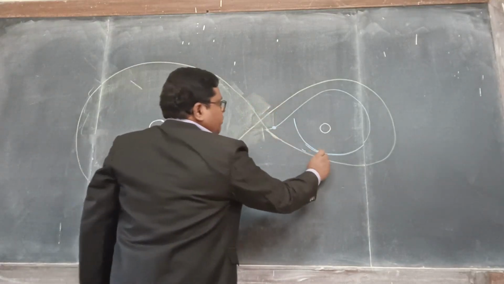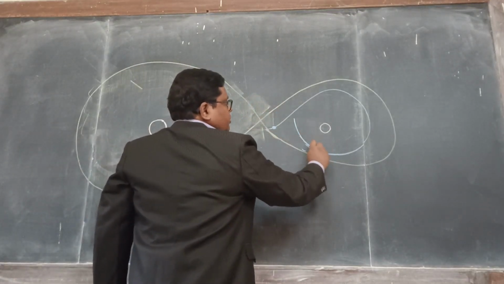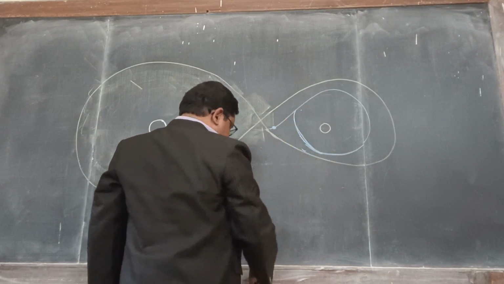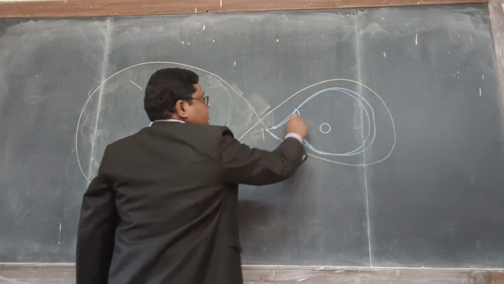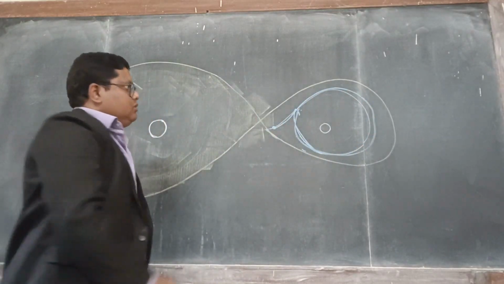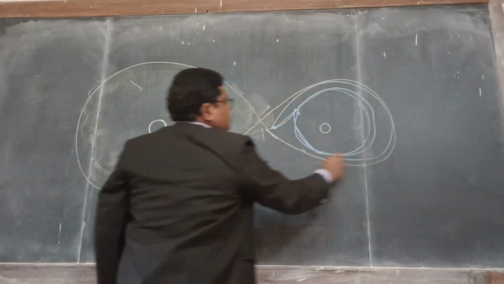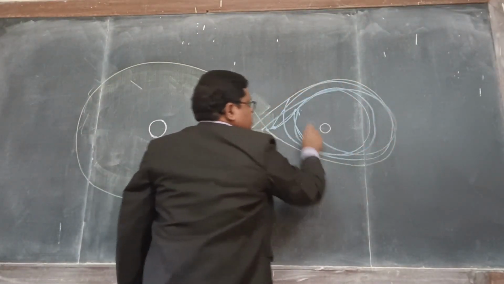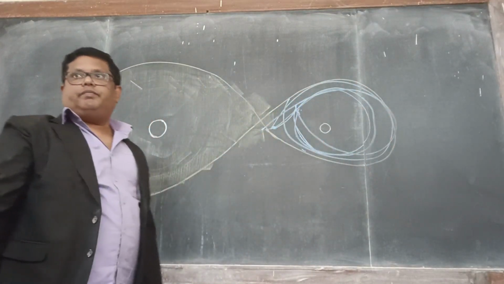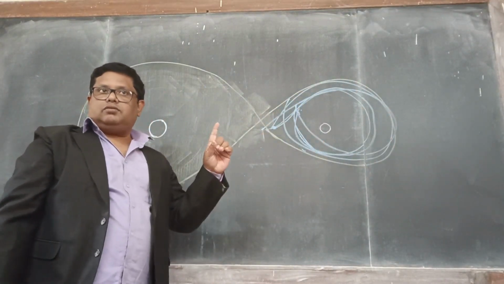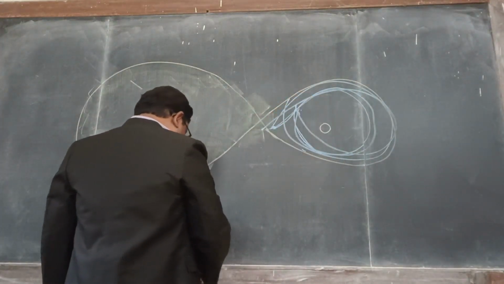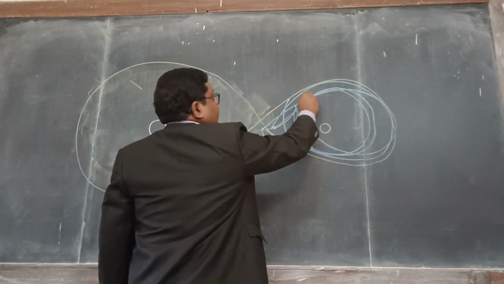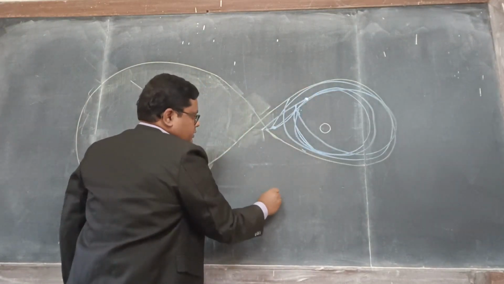Now, what will happen after first revolution? It will come and again hit the spiraling stream. So there can be motions like this also, this also. What will happen as a result of this? Try to understand. Let us consider the velocity component of a gas molecule at this point.